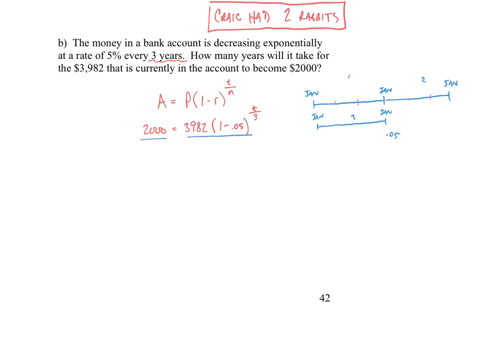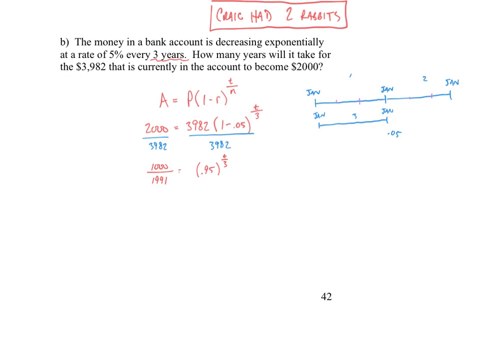We're going to divide both sides here by 3,982. Okay, simplify my fraction on the left-hand side. Now the question I'm really asking here is what power of 0.95 equals 1,000 over 1991? So I could write that as a logarithm.